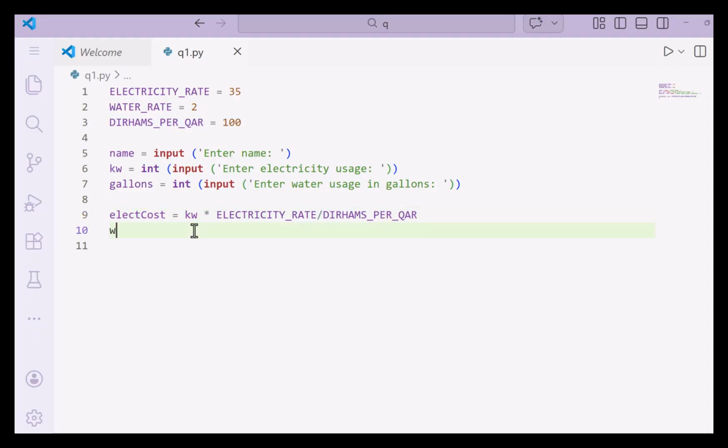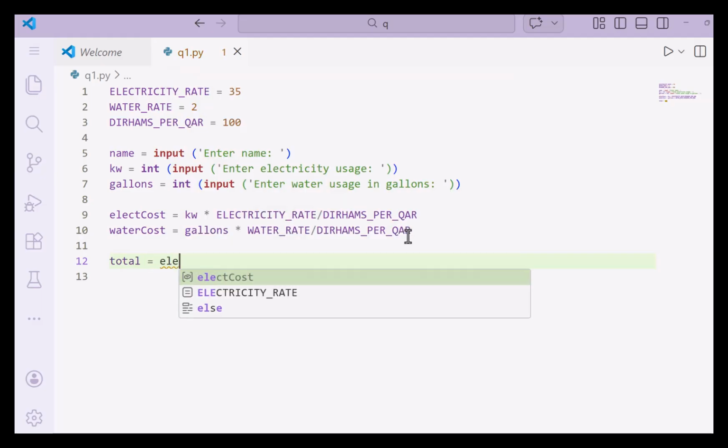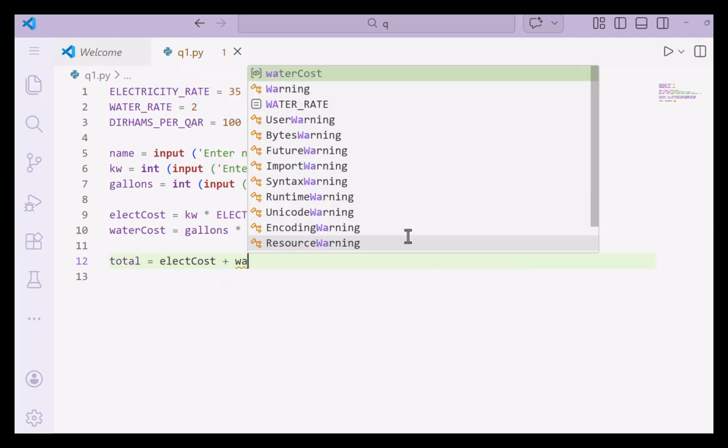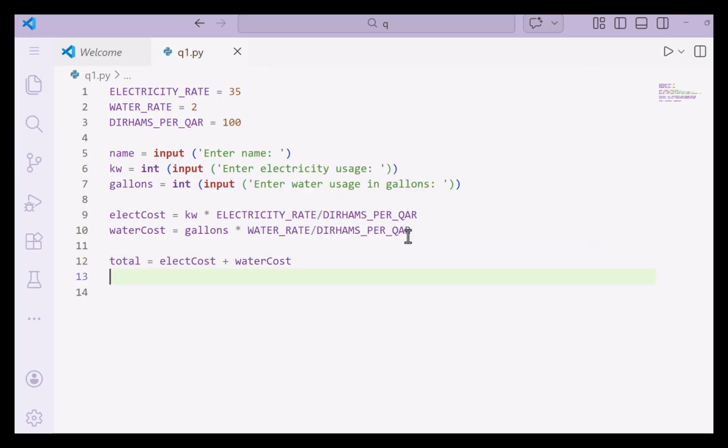Water cost is equal gallons times water rate, again divided by 100. That's it. So now total for both of them, total is equal electricity cost plus water cost.